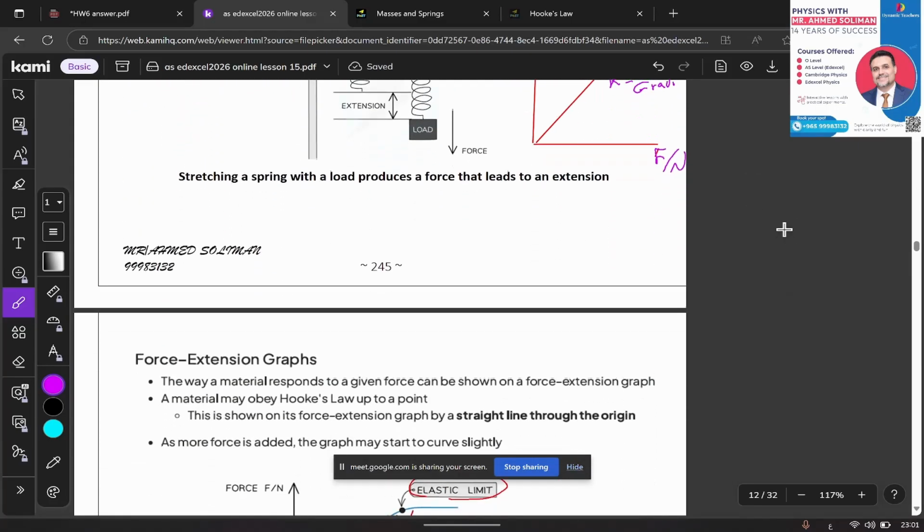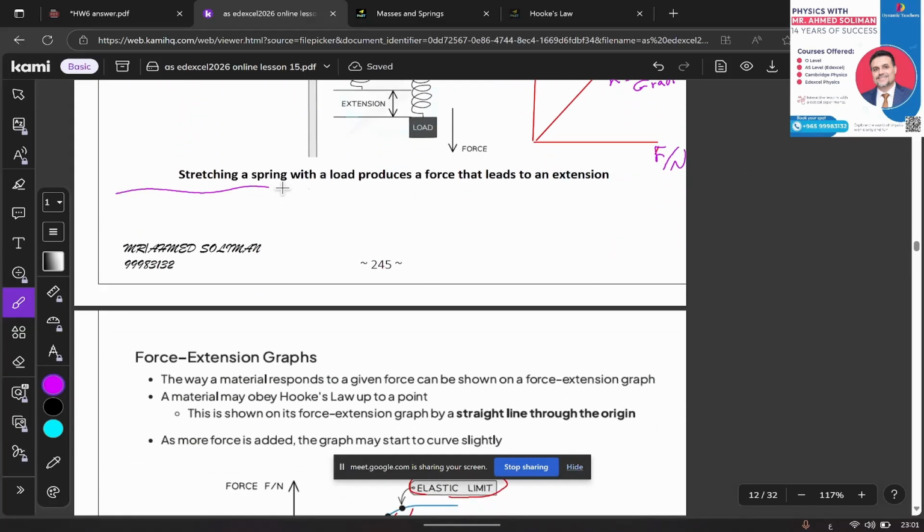Also, I have a question. Now I want to find the base unit of spring constant. Can you find it, Habiba?